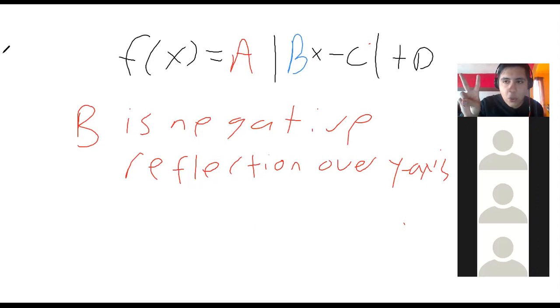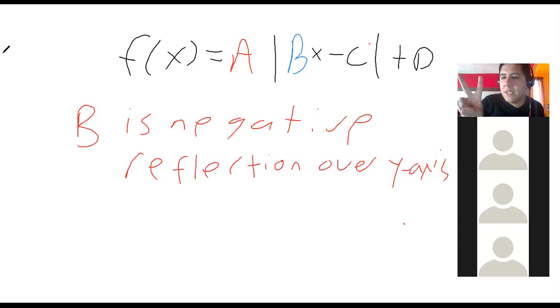So if it reflects over the Y-axis, what would happen to the graph? If we're reflecting over X, it looks like this, right? But if we're reflecting over Y, what's happening? It stays the same.